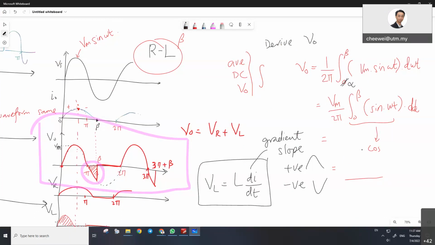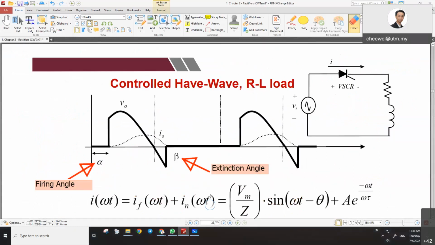The rest is still the same. So here becomes alpha and then you continue until you get the output equation, which is slightly different compared to this one, because the starting point already changed. So you expect a different equation.